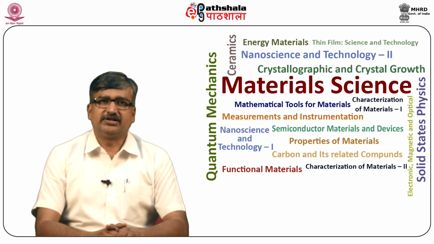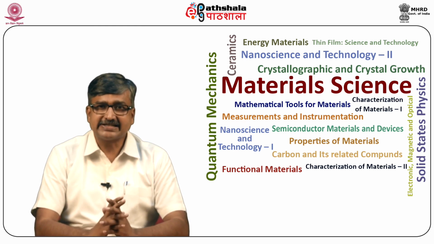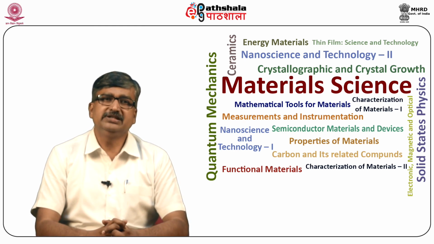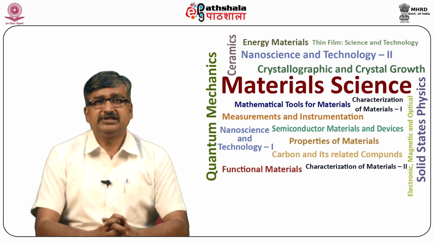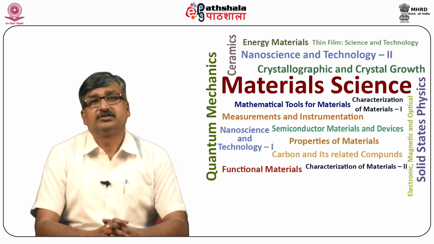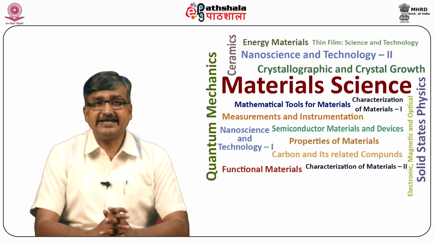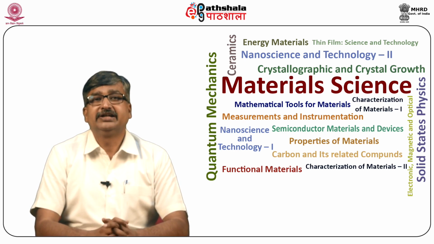So my dear students, let us now summarize what you have learned in this module. Graphene is the first experimentally synthesized 2D material. Graphene shows linear dispersion related to the K point in the band structure, which is an extraordinary thing in graphene.